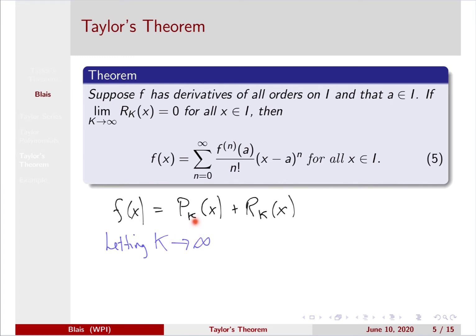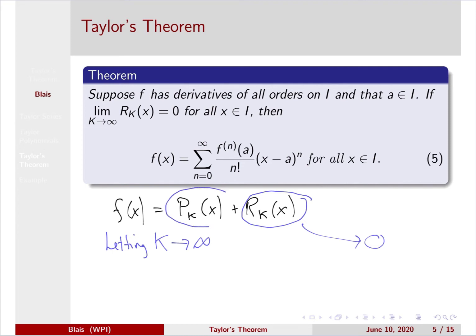When k goes all the way to infinity, the Taylor polynomial becomes the Taylor series, and if this remainder term goes to 0, we get that f of x equals its Taylor series when we take this limit.